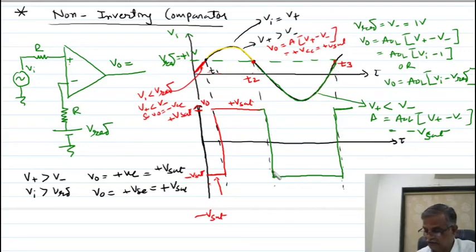As a result, you get negative. Again positive. So in this way you can draw the waveform when you are giving the sine wave signal to the non-inverting terminal and you have kept the positive reference voltage at the inverting terminal.